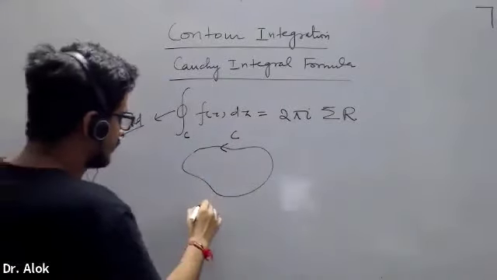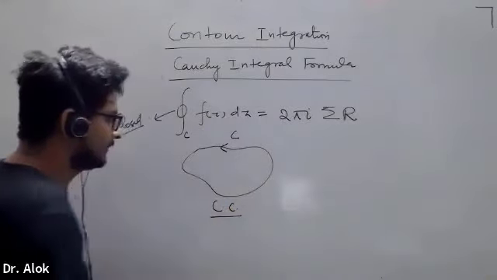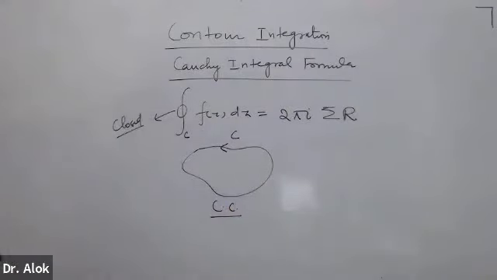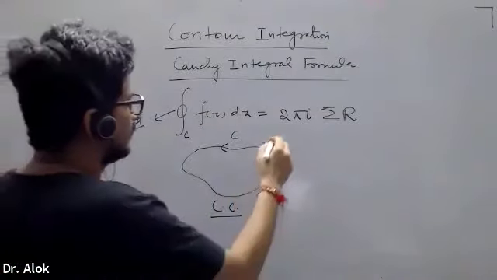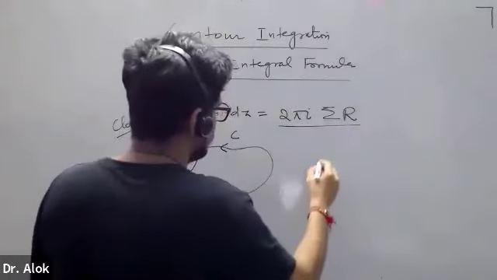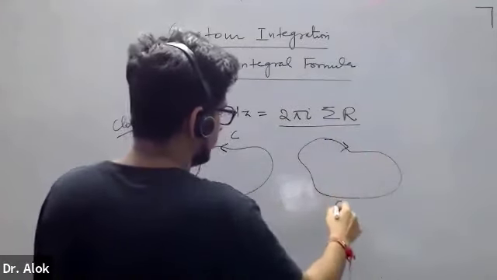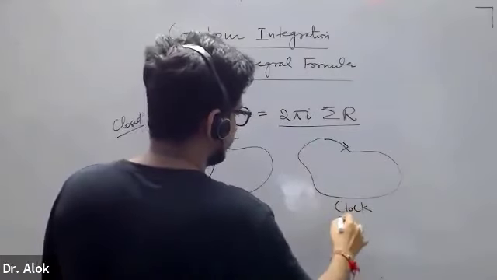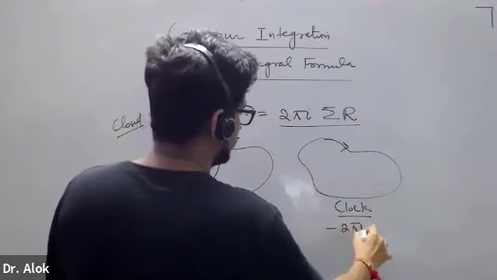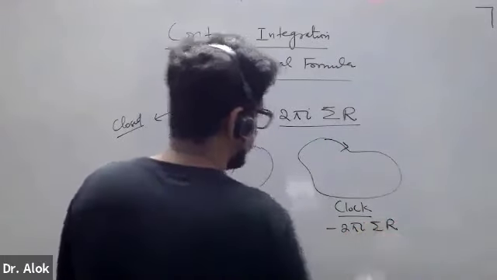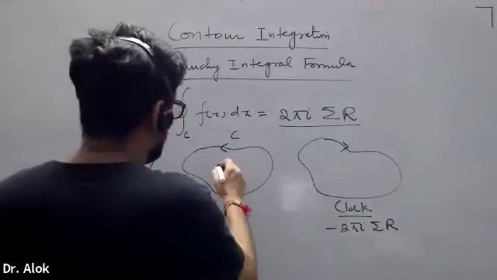So if it is counterclockwise, you know that we take angle counterclockwise as positive, so this will be 2 pi i sum of residues. But if somewhere it becomes like this, that means clockwise, okay, then your answer will be minus 2 pi i sum of residues.